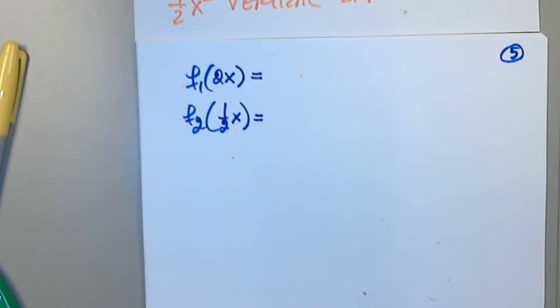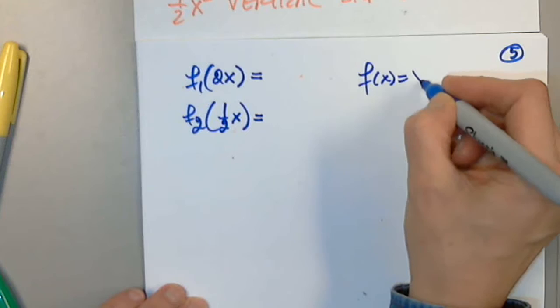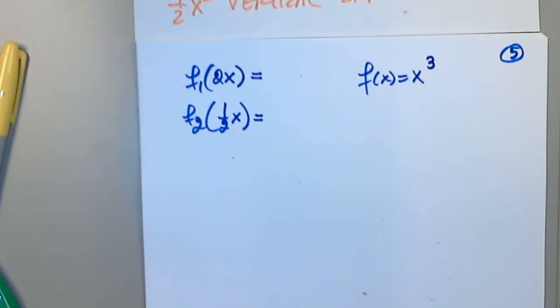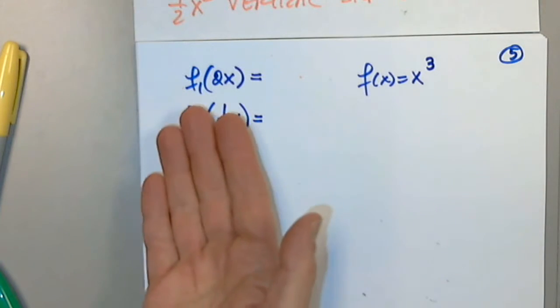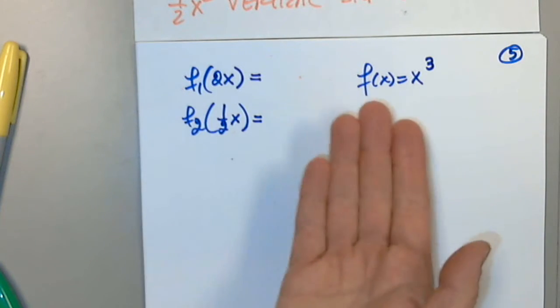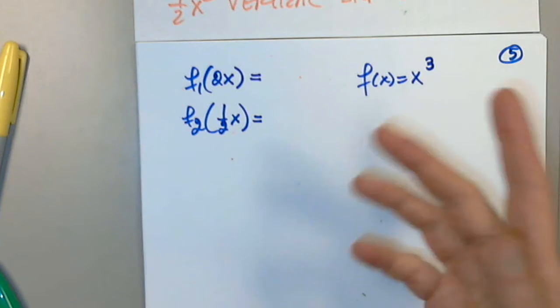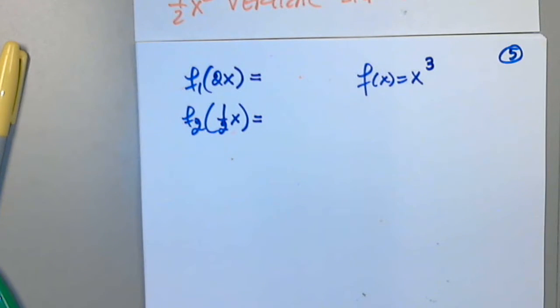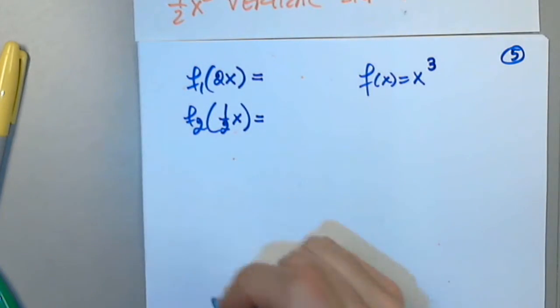That's clear, right? Okay, so let's use, I'm giving the function f of x, x cubed. So bear with me. And if I use f of x equals x cubed, I'm asking you to find f of twice x. Maybe I shouldn't even name them differently because they are all referring to this function. So anyway, f1 is this function of twice x.